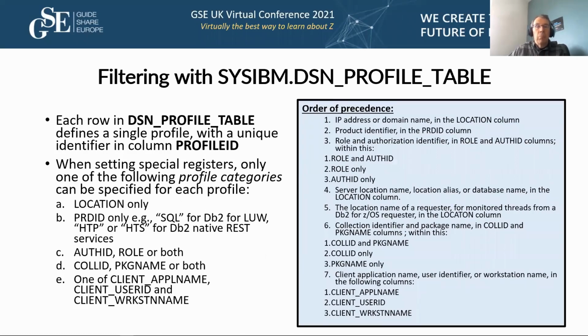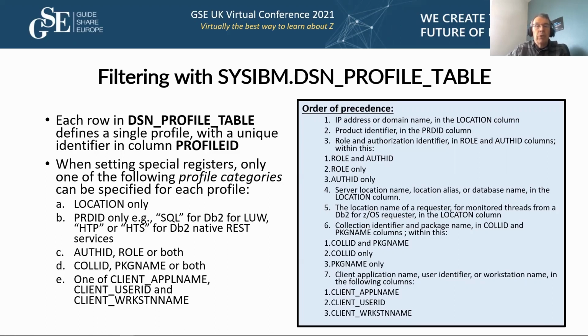And that is quite complex, as you can see. It's not just a simple case of saying where you've got two possible filtering profiles that an application could match on, which column takes precedence. It also depends on the value in that column.